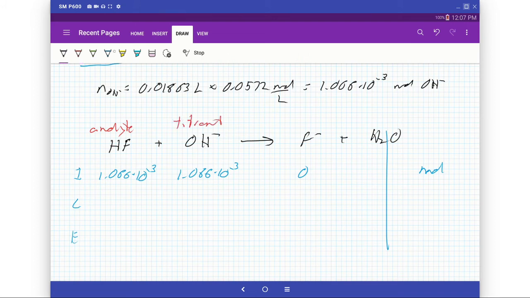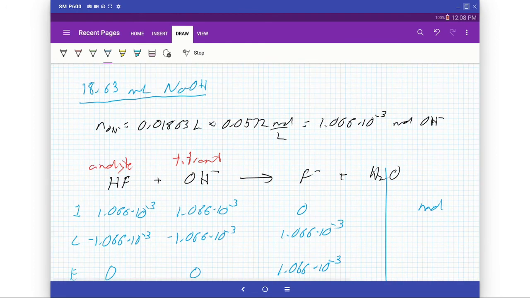And so they're now equal. And so both of these drop to 0. They are all gone, and you're left with the only thing left in solution is the conjugate. So because these drop to 0, we are at the equivalence point.